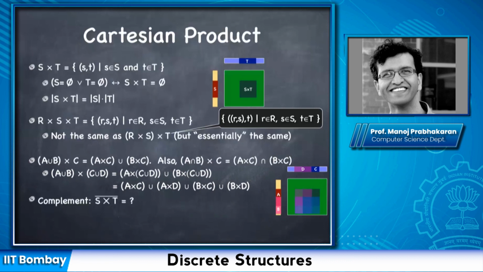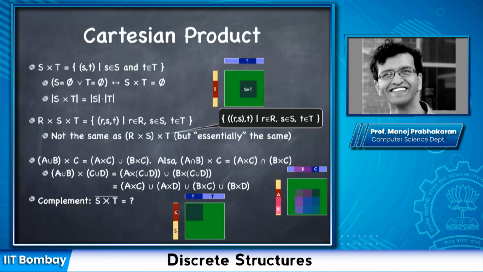And finally, what is the complement of the cross product of two sets, S cross T? To visualize it a little better, I've drawn S and T at one end of my picture here.